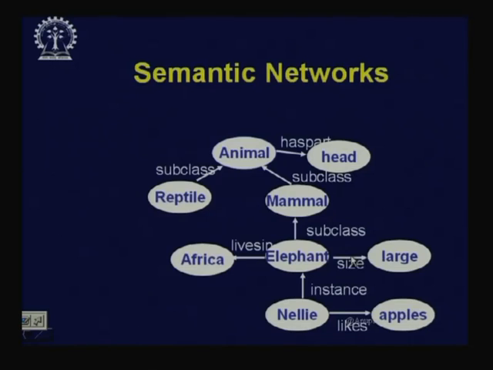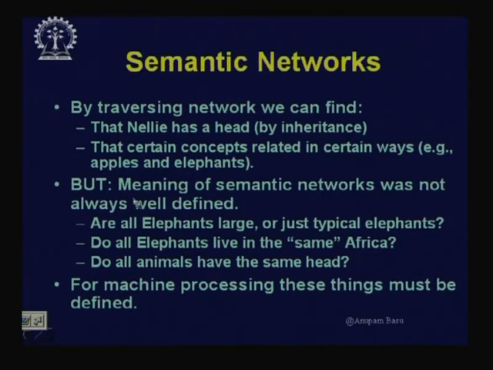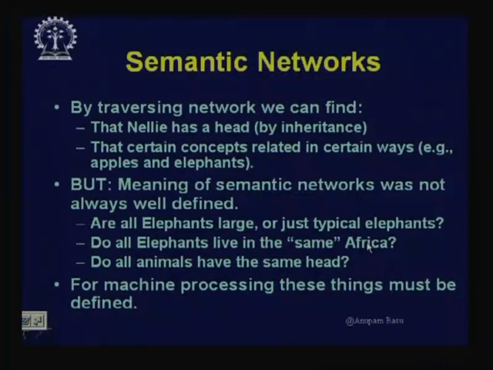We have no other option here. Do elephants live in the same Africa? Such complicated meanings we may like to ponder on. When we really write a program that will perform such inferences, we cannot allow such ambiguities, and we will have to do away with them.